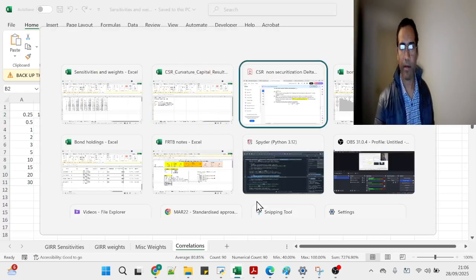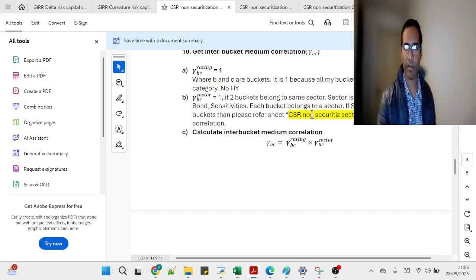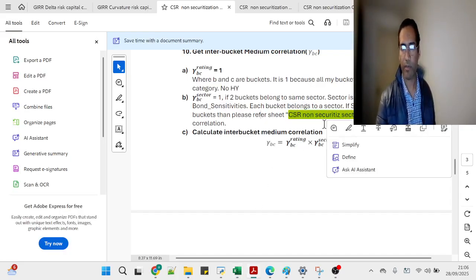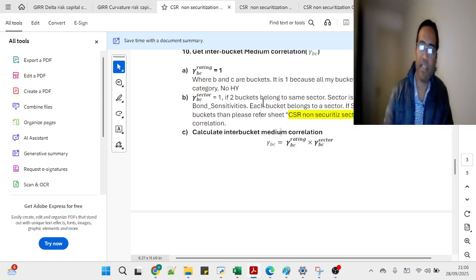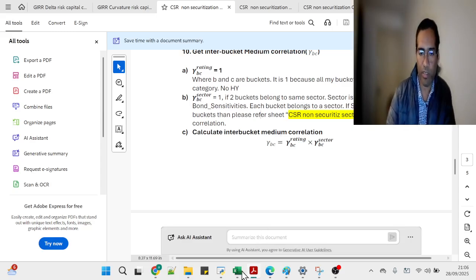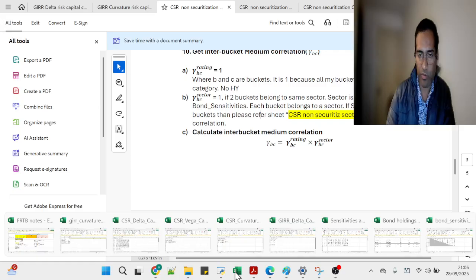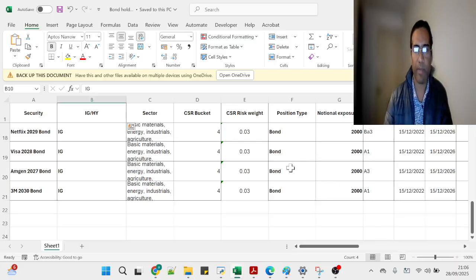I will show it to you later. I have loaded it in the GitHub, and in the end I can show you this sheet. But the important thing you should understand is that those sectors have different correlations. Let me try to show you the holdings, that will make it clear.